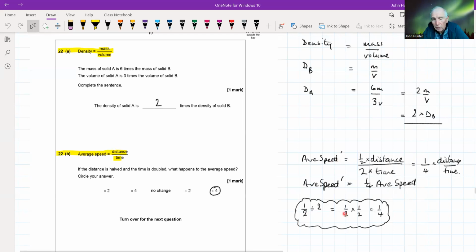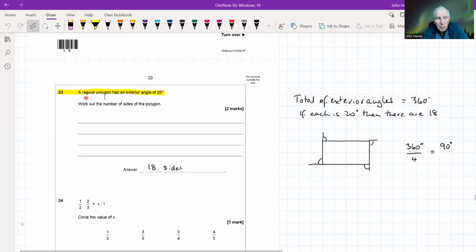So we've got a half times the flip of this, which is a half, and that's going to be equal to a quarter. So the revised average speed is equal to a quarter of the original average speed. So that's divided by 4.